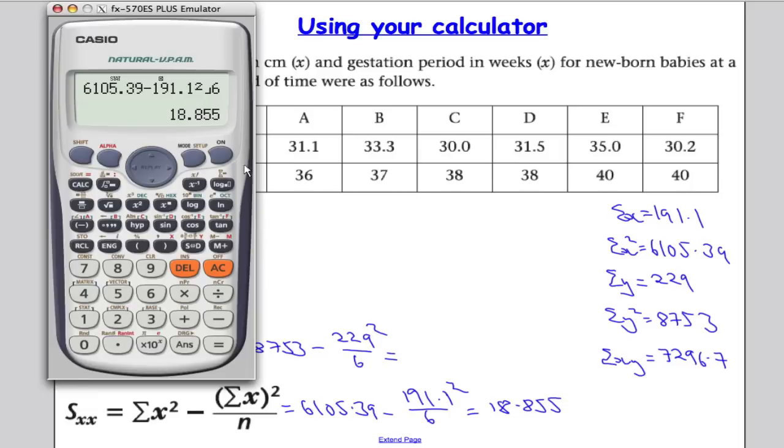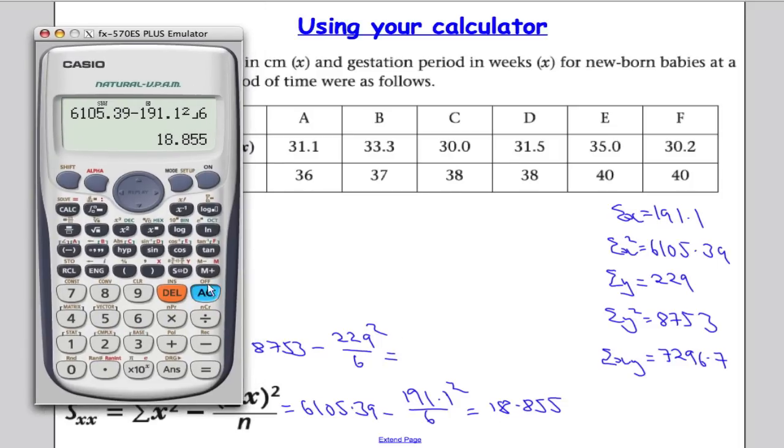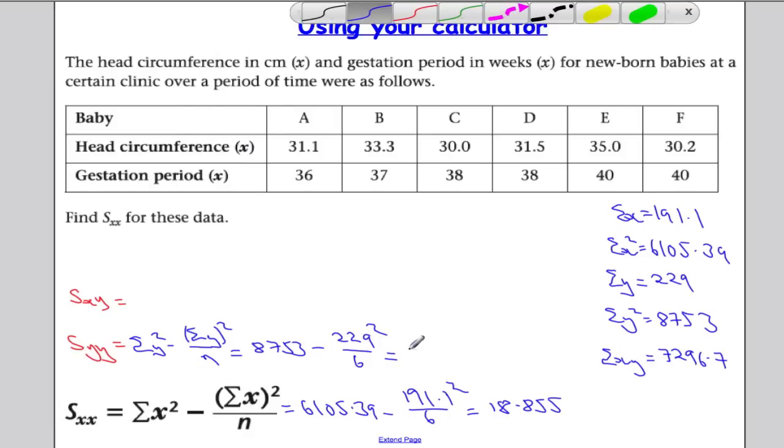And when we put that into the calculator, 8753 minus 229 squared divided by 6, we get 77 over 6, which is 12.83. 12.83.